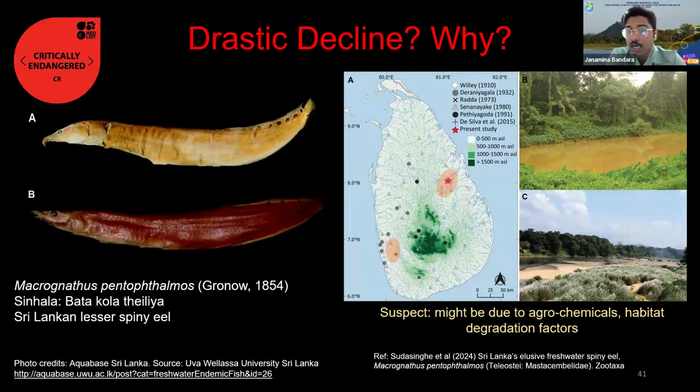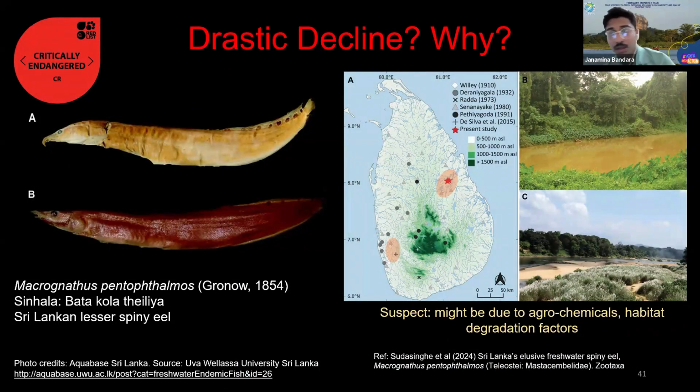Apart from these records, you cannot find any records of this species. So the scientists believed this could be a possibly extinct species for a while before these specimens were found.